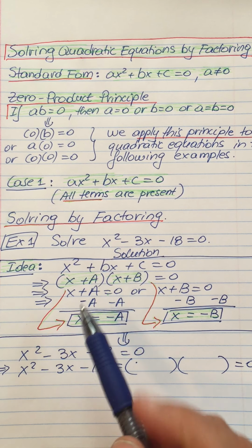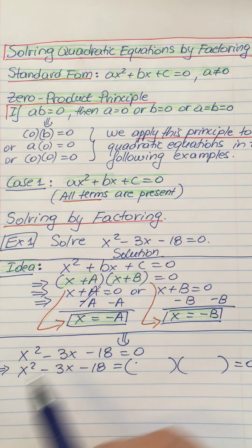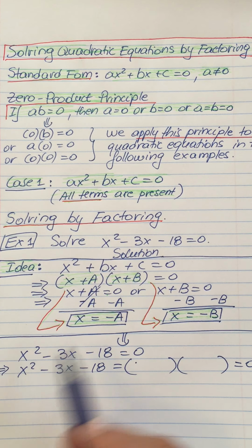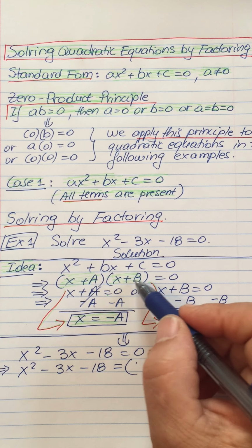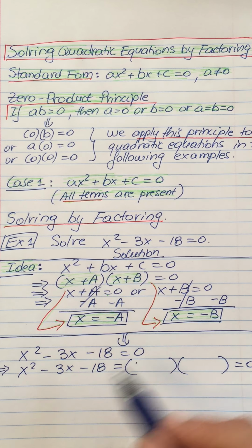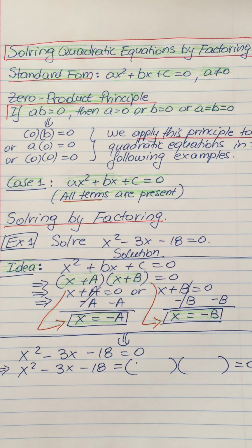Then we solve each equation. We subtract a from both sides, and we see that x is equal to negative a. And also here we solve the second binomial, x plus b equal to 0. We subtract b from both sides, and we get x is equal to negative b.